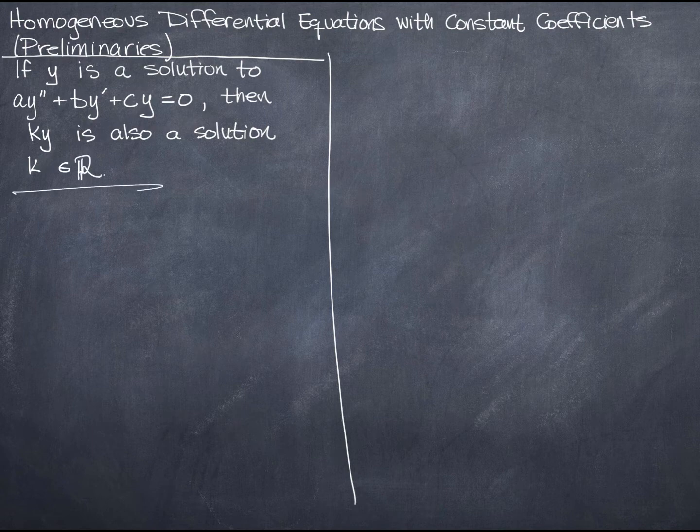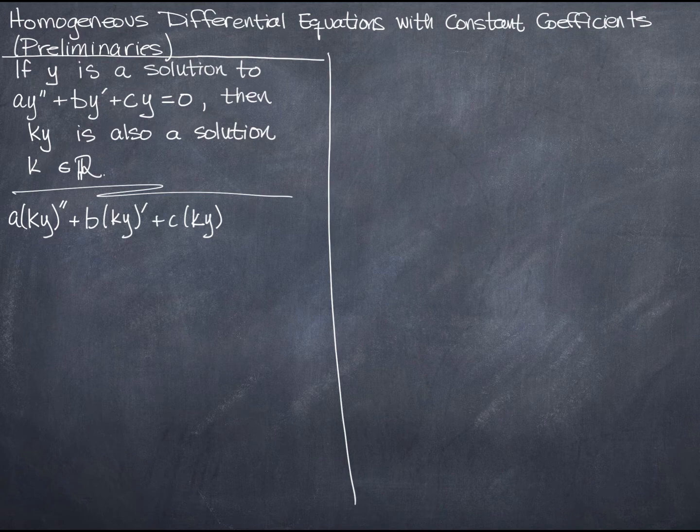And so let's demonstrate that here. Let's take ky and plug it into the left-hand side of the equation. We have a y double prime plus b y prime plus c y, and I'm replacing each one of those y's with ky.